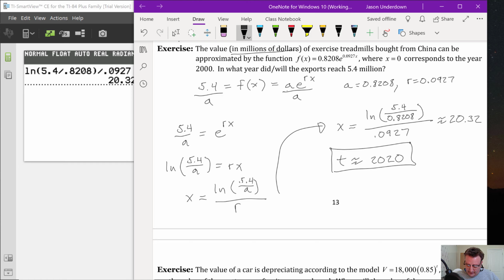Okay, so let's check our work by plugging this x value back into f of x.